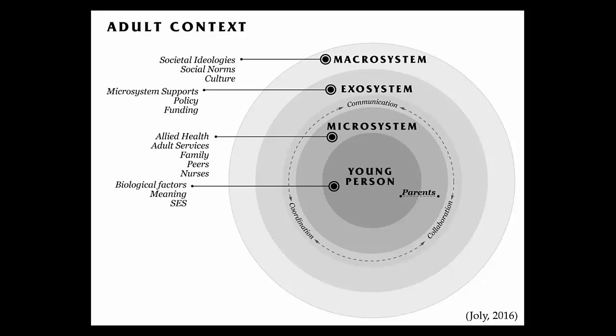Now I'm going to zoom into that adult context for a minute, because this is the other part for me. Critical theoretical perspectives have shifted how I focus my work. In my master's, the recommendations that came out of this theoretical paper, as well as out of my integrative review, were very heavily focused here, and were very heavily focused here. There was a little bit of discussion of societal ideologies and social norms and culture, and those were included in this theoretical perspective, partially because Browne's work already does include it, but also it was touched on very briefly in a few of the studies that I included in my review.